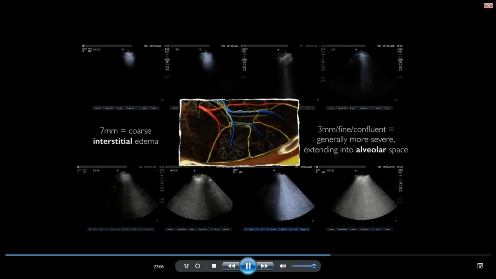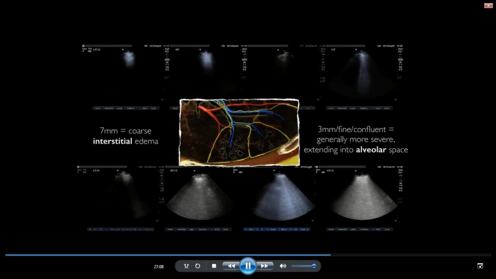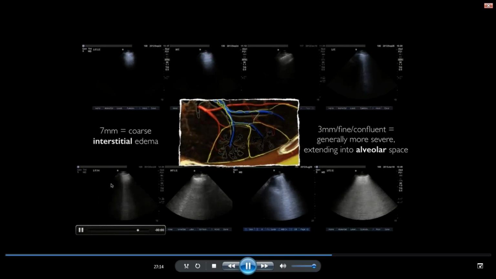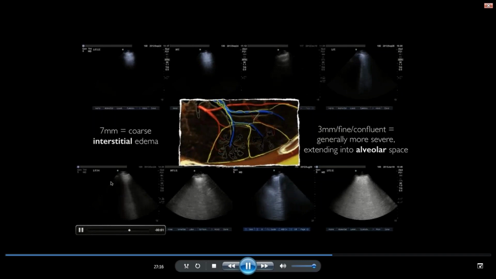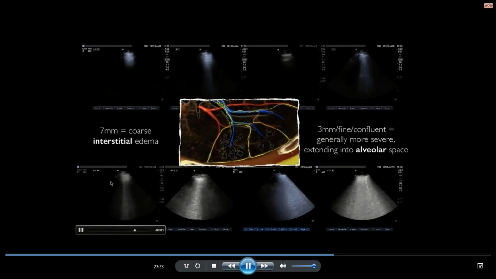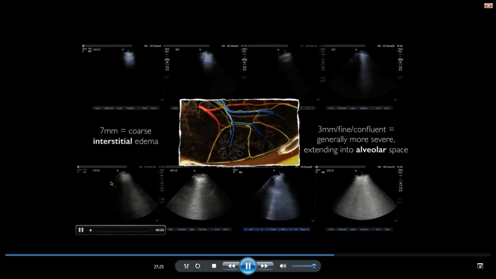So as you can see, different examples, starting out on the left side of the screen. You can see B lines being formed by the pleural line fluid-air system interface reflecting sound waves again and again, which get trapped and create this B line artifact.